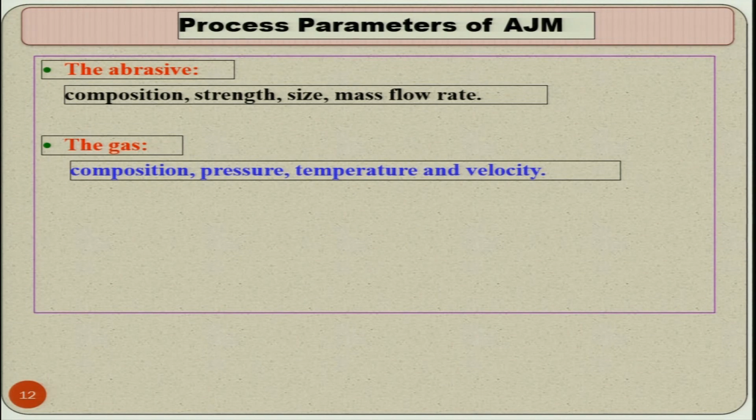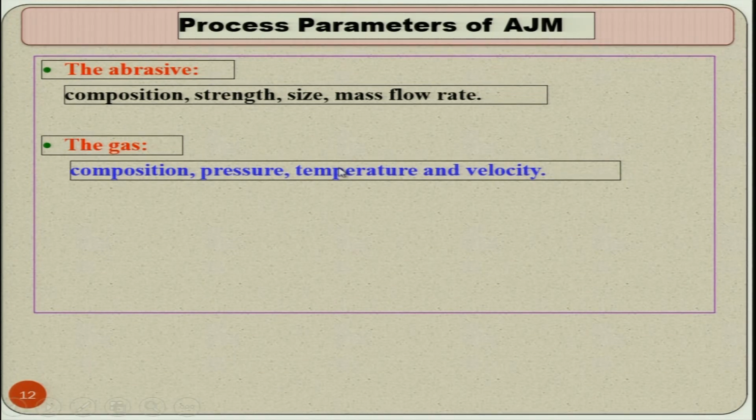Second thing, the gas. The composition of the gas is again important. The pressure at which the gas is going to the nozzle and hitting the workpiece surface will make a lot of difference, because that is going to decide the kinetic energy of the abrasive particle while hitting the workpiece surface. So, larger the pressure, larger will be the kinetic energy, and vice versa.